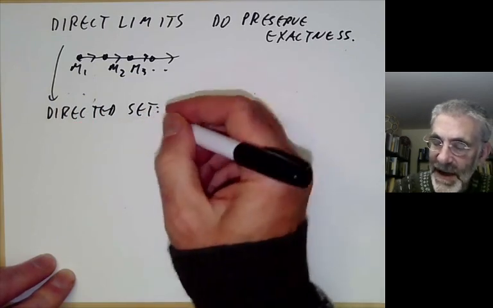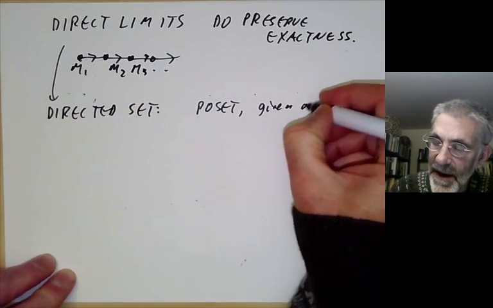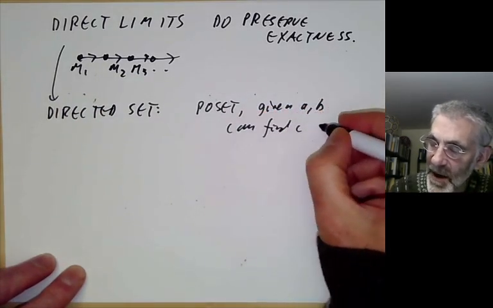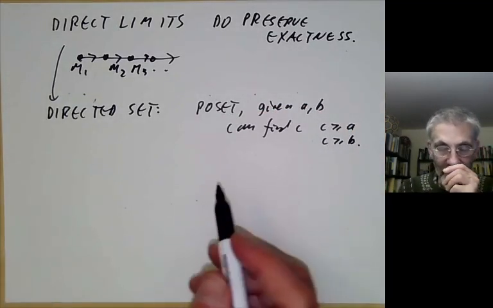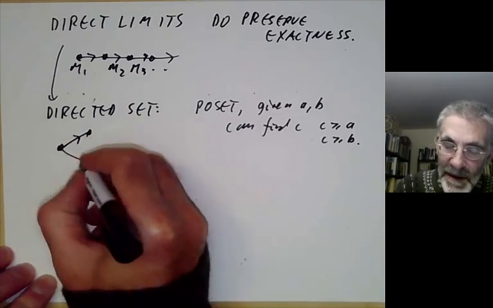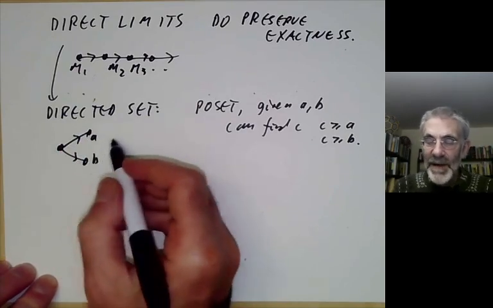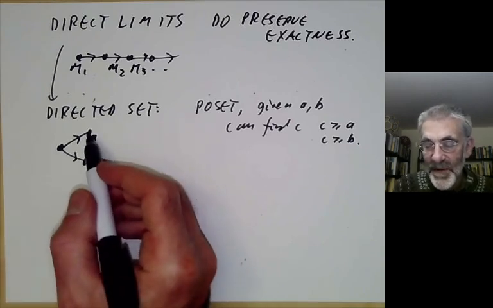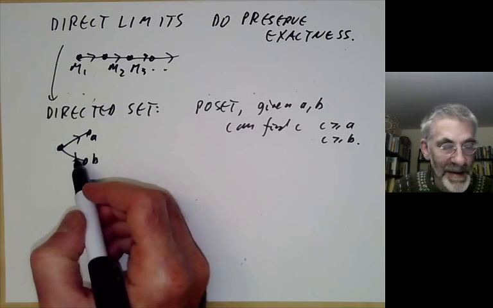So a directed set is a poset such that given A and B in the set, we can find C with C greater than or equal to A and C greater than or equal to B. So an example of something that's not a directed set is this sequence here. If we take A and B, then there's nothing that A and B both map to, so this is the category of a poset that's not a directed set.